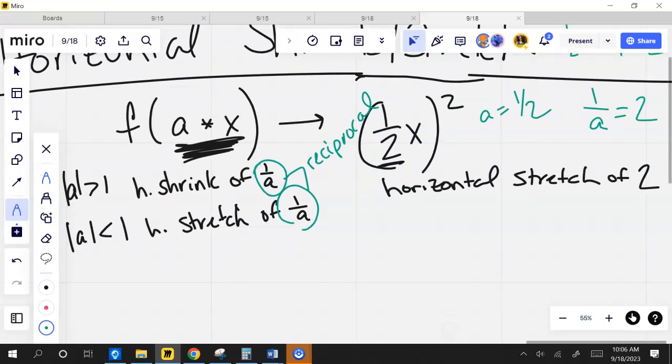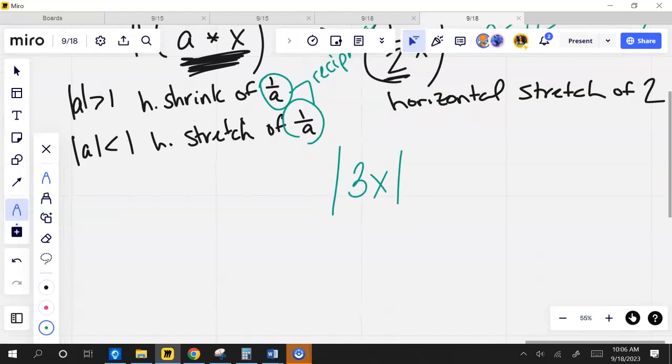Look at this one. Y'all think so hard. What is this one? What's your A here? Yes, 3 is your A. So this is a horizontal, just flip it. Is this a stretch or a shrink?